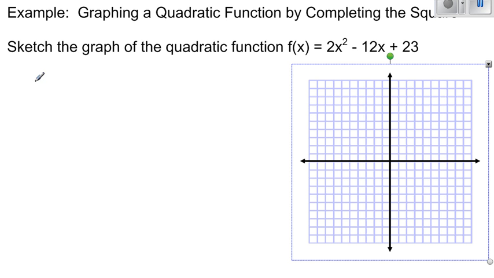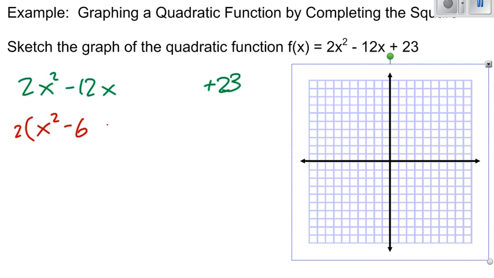So to complete the square, you separate c away. Then you need to factor out whatever's in front of the x squared. So when you factor out the 2, this becomes 6x.